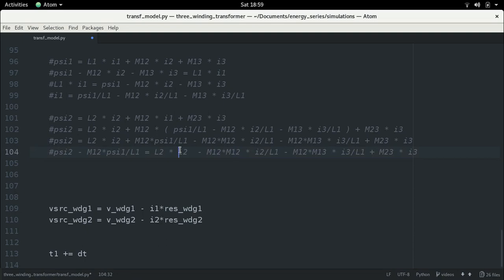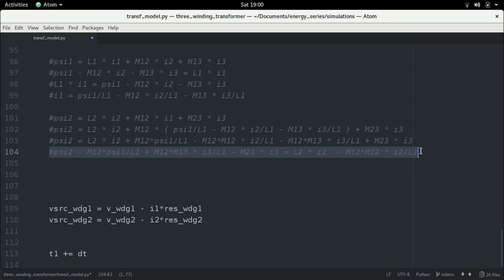And this term is I2, this term is I2, so they can stay where they are. Now let's take these two terms and move it to the other side. So first I'll cut this out, that is I3, and move it here. Again, we must change the sign since we are taking it to the other side. And the last term, also cut it out, paste it here, and as before, change the sign because we are taking it to the other side.